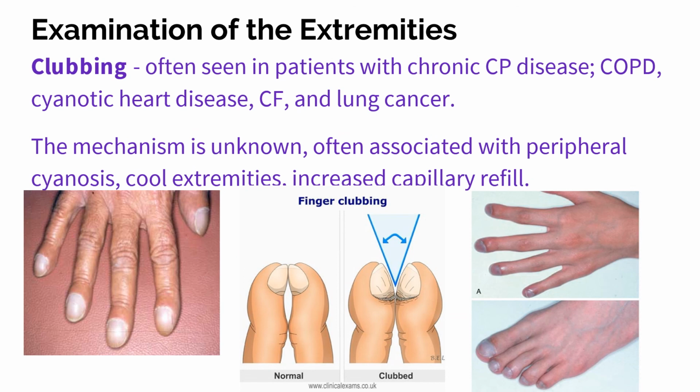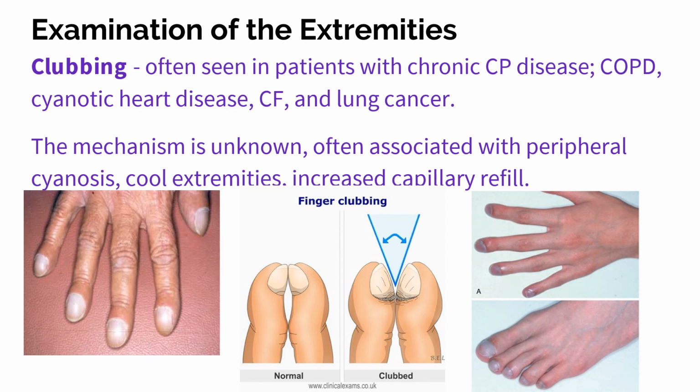Here is another, talking again about some of the things that you might see in extremities, and I believe I'm going to have to add that slide as I'm looking at this. So clubbing is often seen in patients with chronic cardiopulmonary disease, where their fingers get a round, club-like appearance.